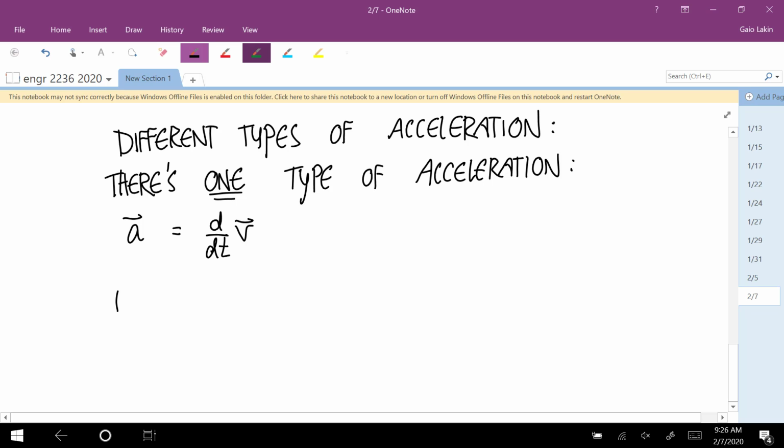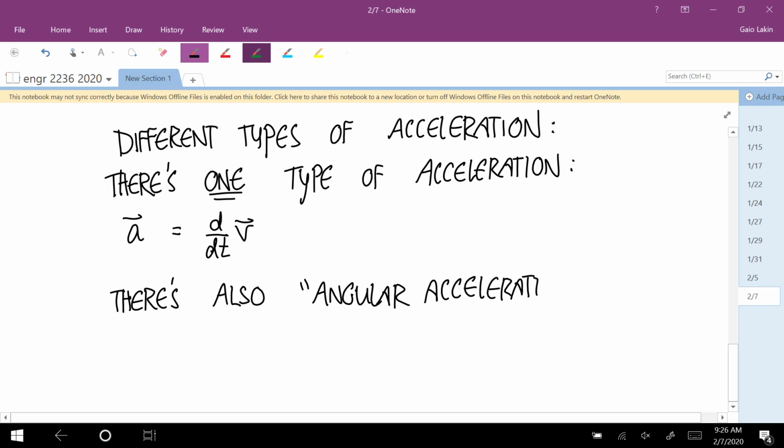There's also angular acceleration. But that's just trying to take advantage of the popularity of acceleration.